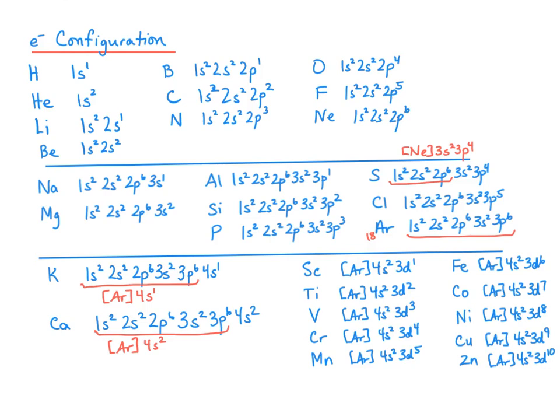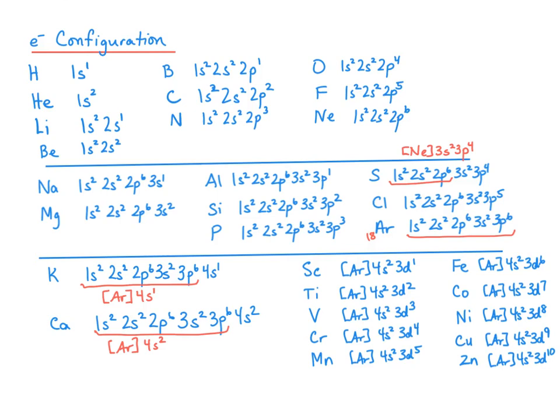So hydrogen, here it is, 1s1. Lithium, 1s2 2s1. Sodium, 1s2 2s2 2p6 3s1. Potassium, argon 4s1. So study those four configurations and see if you can find something common about all of those configurations of all elements there in group 1.